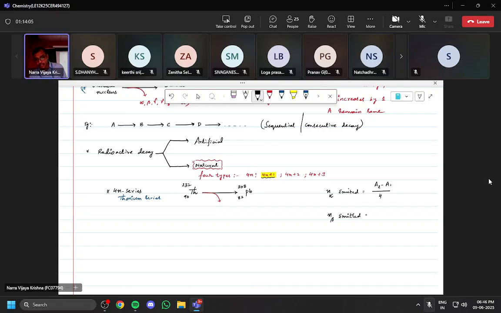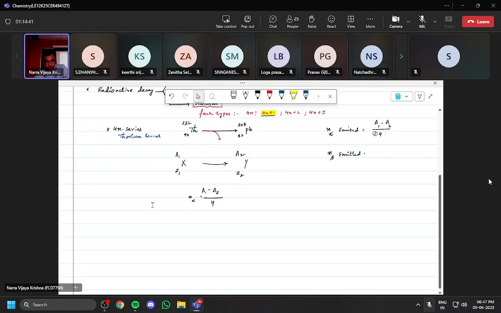If I assume a nucleus X with atomic number Z1 and mass number A1 converted to Y with atomic number Z2 and mass number A2, how many alpha particles are emitted? Sorry, A1 minus A2 upon 4, since the mass number decreases.